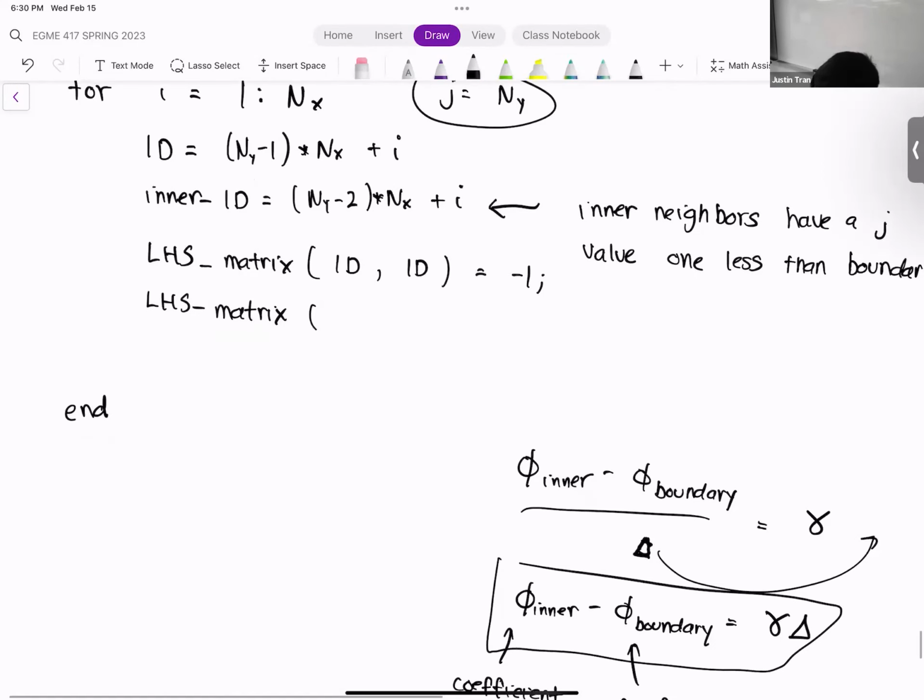And then for phi inner, here's a little bit tricky part, because even though it's the inner phi, we're still in the same row for this node, right? And so our first index here is still going to be ID, but the second index is going to be inner ID, and that's going to be equal to 1.